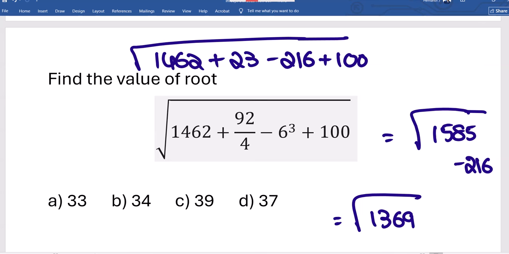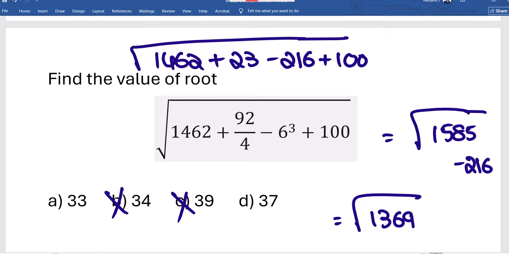Right? Now listen, 34 and 39 are eliminated because 39 squared ends with 1, but here 1369 ends with 9. So it will be 33 or 37.